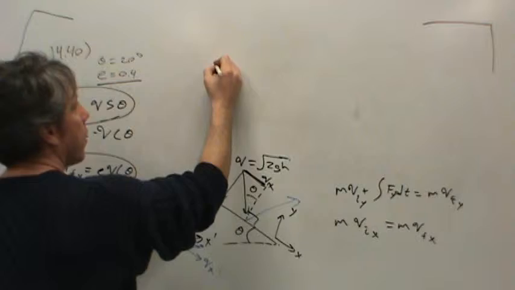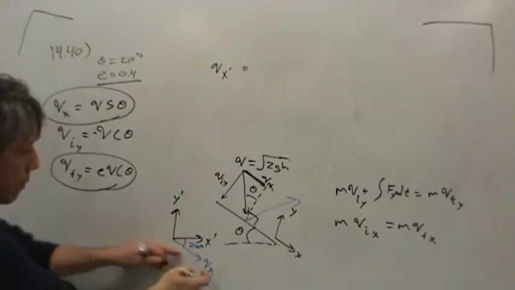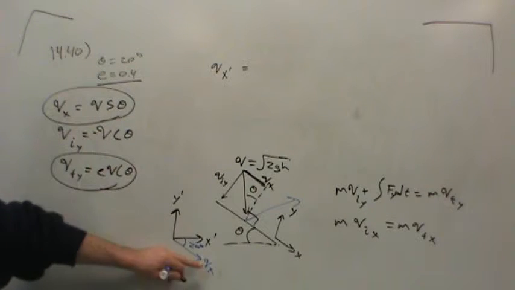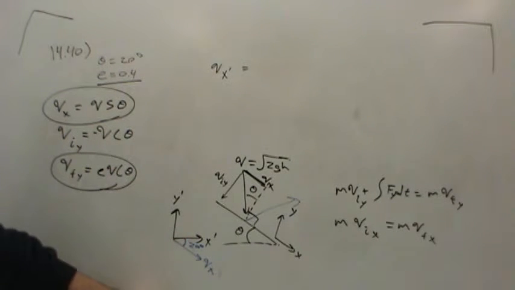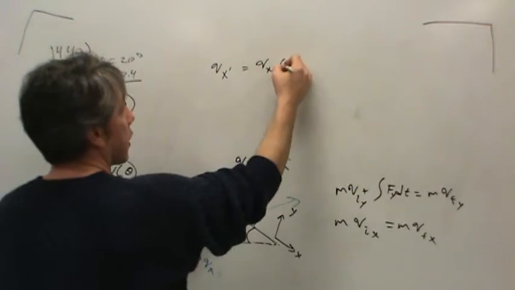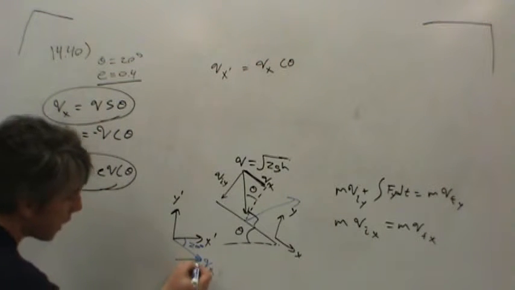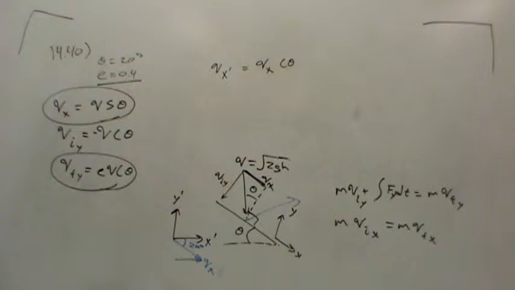Could I get a component of velocity in the x prime direction from Vx? Sure, it has a piece, doesn't it, right? In fact, its piece would be Vx multiplied by cosine theta. You see what I just did there? All I did is I computed that length. That's all I did, right?